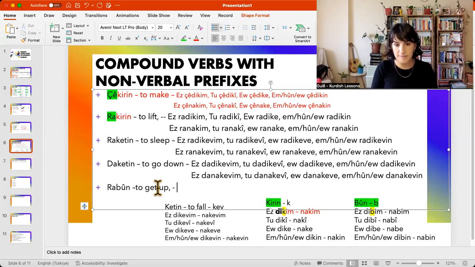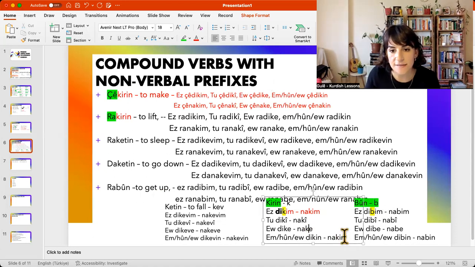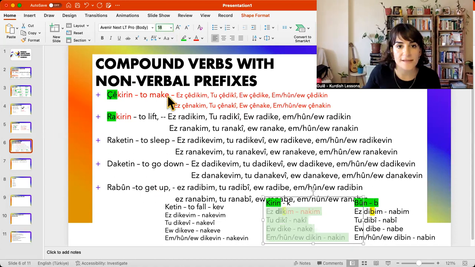So as radibim, tu radibi, ev radibe, you see, same dibim, dibi, dibe, and em hun ev radibin. And the negative form as ranabim, tu ranabi, ev ranabe, em hun ev ranabin.